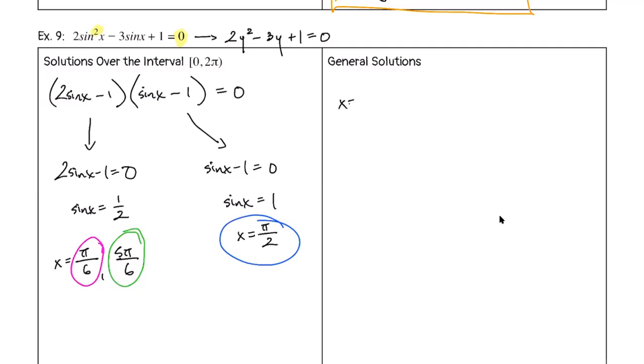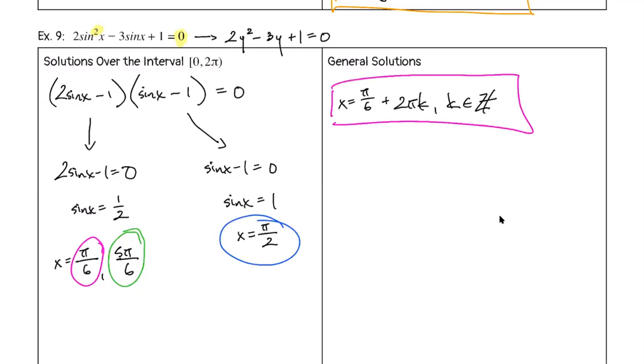So we get x equals pi over 6 plus 2 pi k, where k is an element of the integers, okay? That corresponds to the pink one. We've got x equals 5 pi over 6 plus multiple times around the unit circle, where k is an integer.